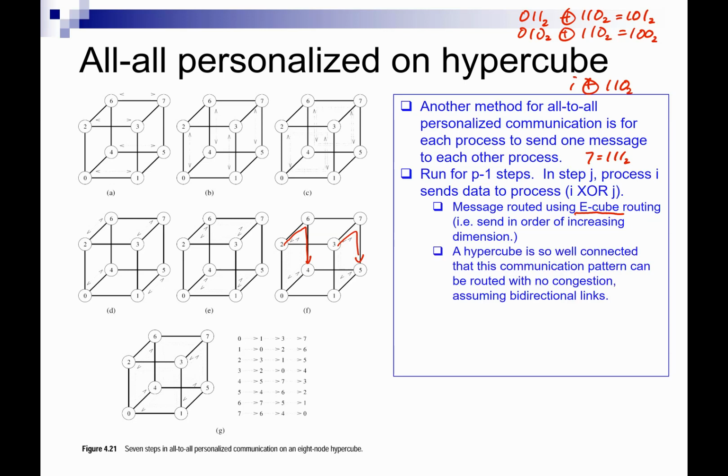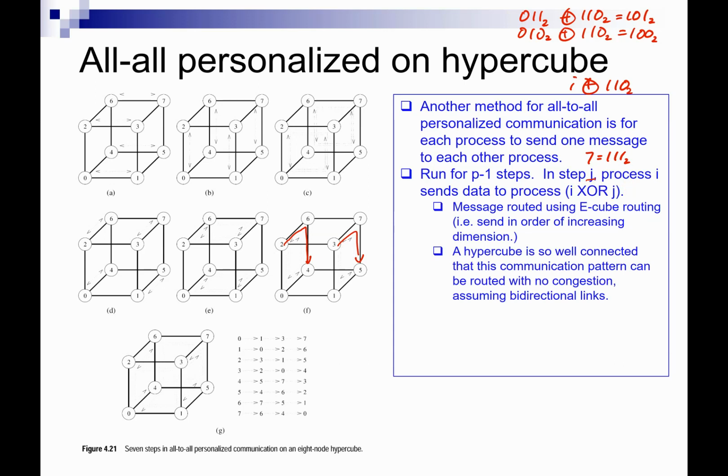Now it turns out that because there are so many edges in this hypercube, in each time step, when I needs to send to the XOR of J, we actually have P messages which are being sent simultaneously.